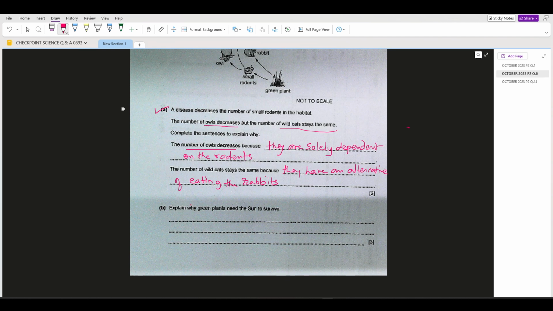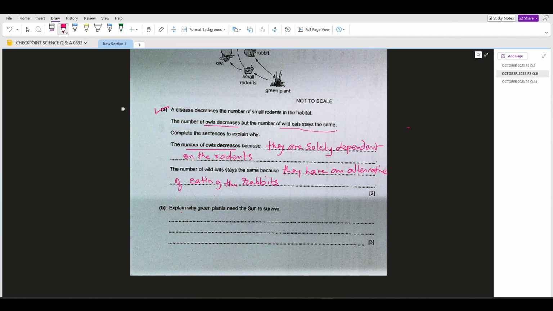And photosynthesis is a process which essentially requires sunlight energy to prepare the food. So without sunlight, photosynthesis cannot take place, and that is why green plants cannot survive without sunlight.